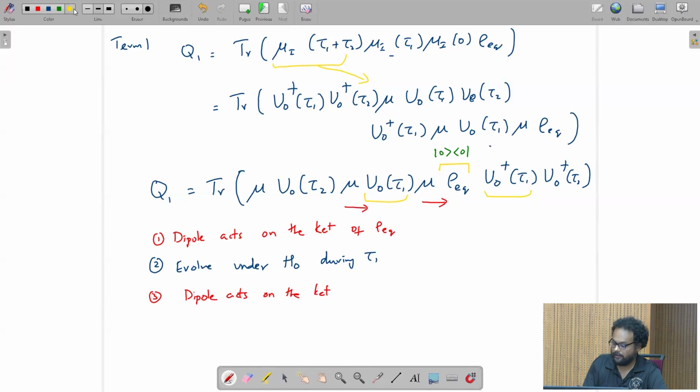Once that is done, you have acted a dipole, evolved it, acted another dipole, and now you have another time evolution. So you evolve again under H naught during tau 2.